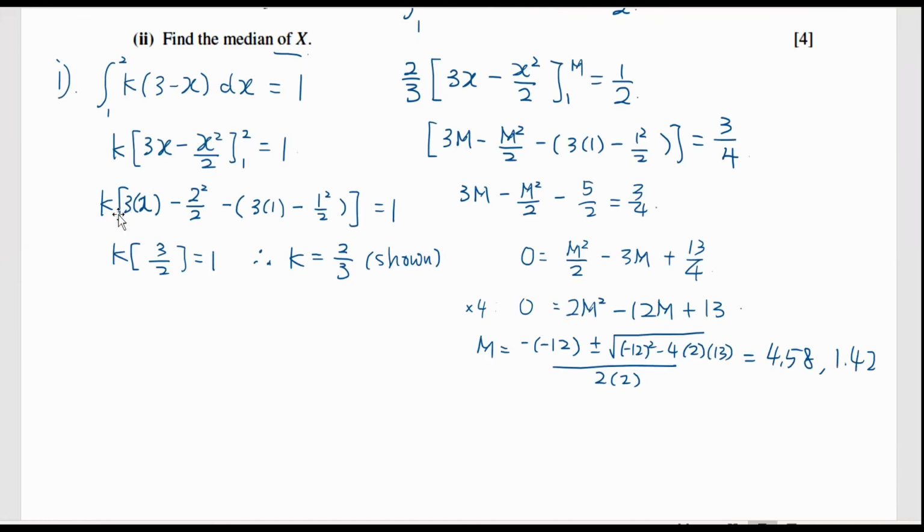So even though we have solved the quadratic equation and found the two values of m, we know the value of m must be in between. M is greater than 1, less than or equal to 2. So hence, the median equals 1.42.